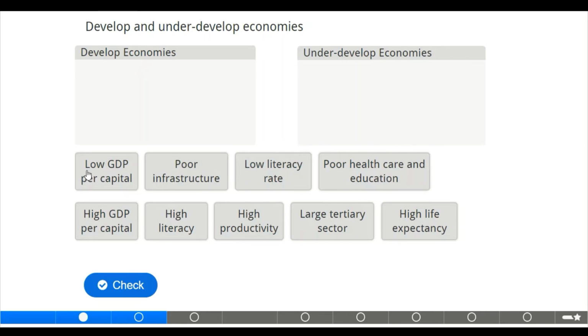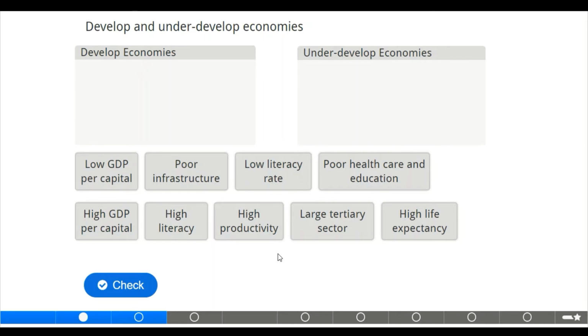That is where we have low GDP per capita, that is gross domestic product per capita, poor infrastructure, low literacy rate or poor health and education. Where we also have high gross domestic product per capita, high literacy rate and high productivity, large tertiary sector and high life expectancy.